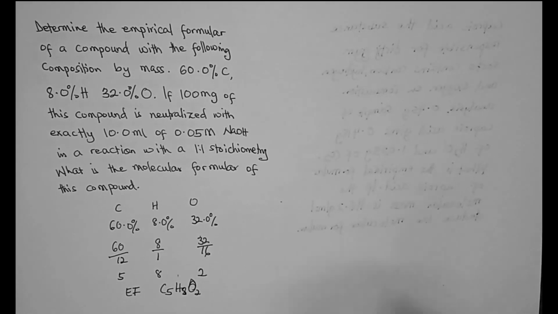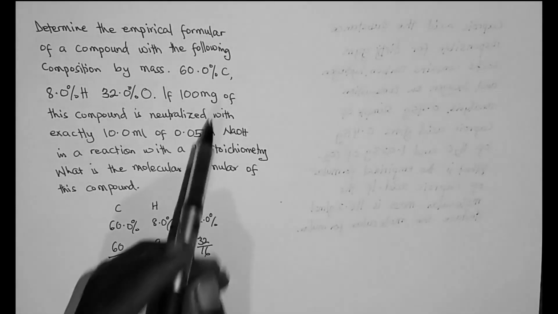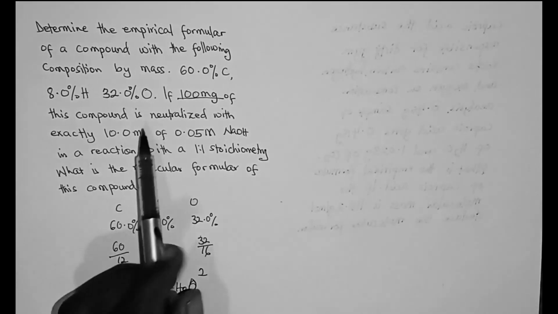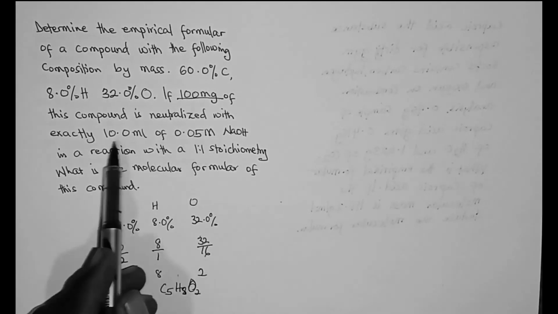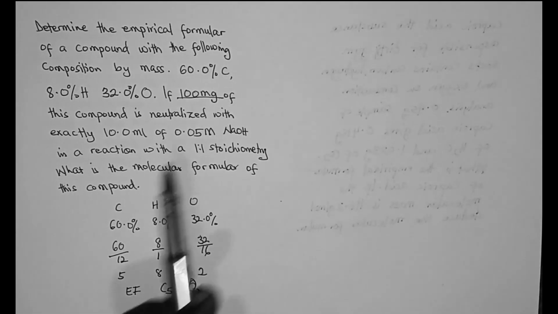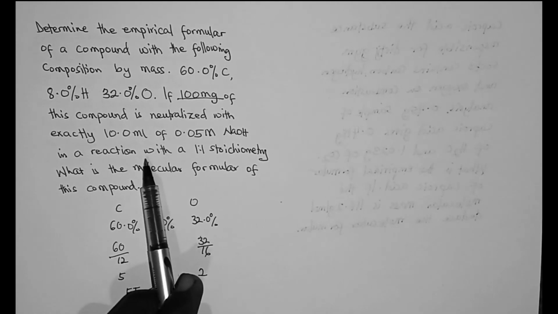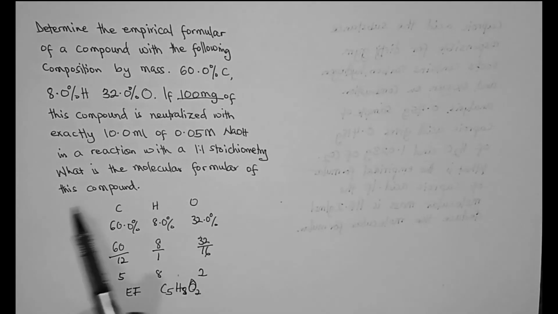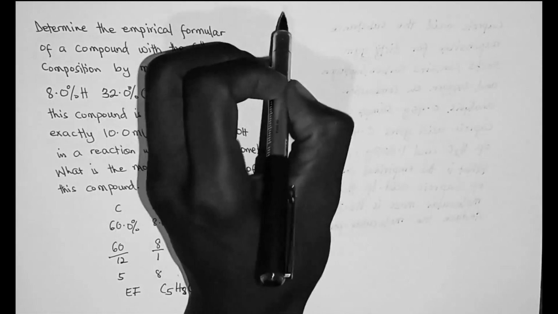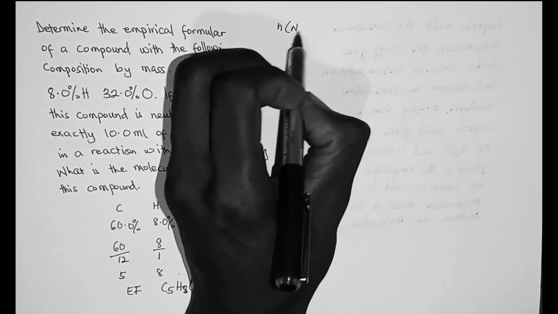The second part of the question says that if 100 milligrams of the compound is neutralized with 10 mils of 0.05 molar sodium hydroxide in a reaction which is 1:1, what is the molecular formula of this compound? So first, let's calculate the number of moles of sodium hydroxide.